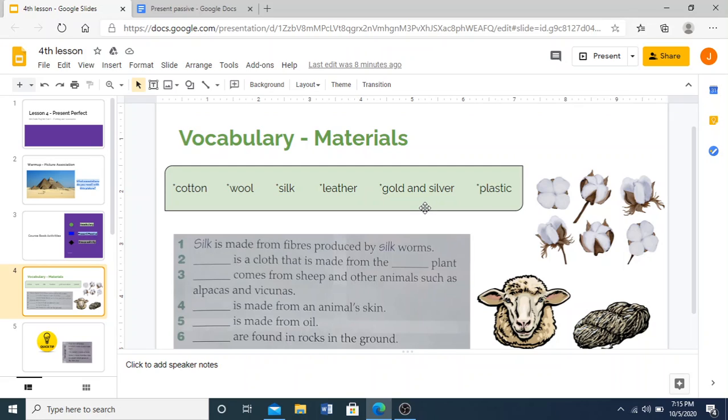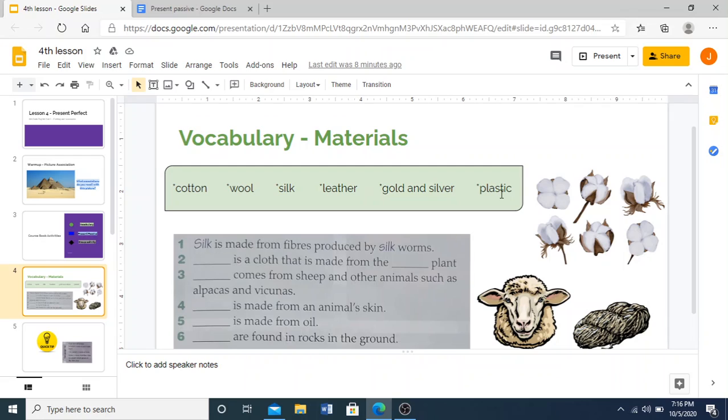Today we are going to treat vocabulary that has to do with the raw materials for making clothes. As you can see here, we have cotton, wool, silk, leather, gold and silver, and plastic.